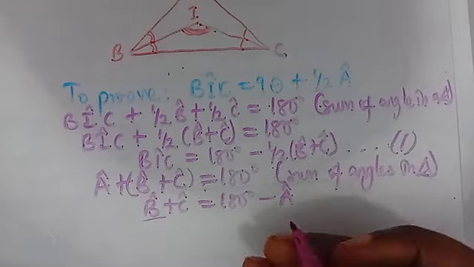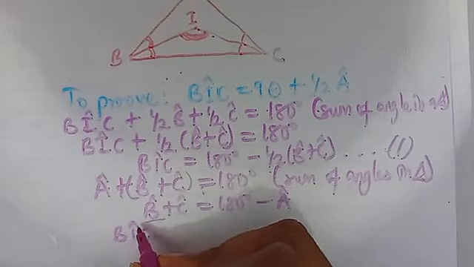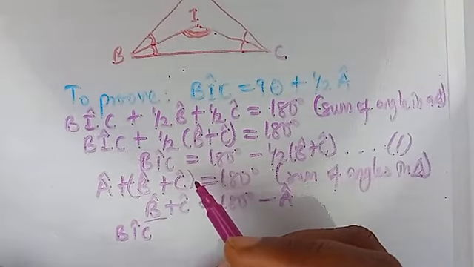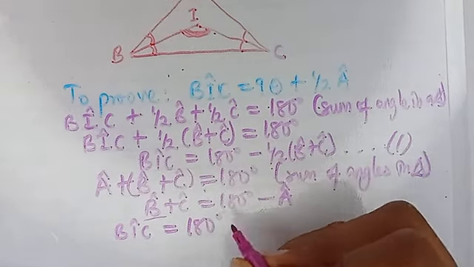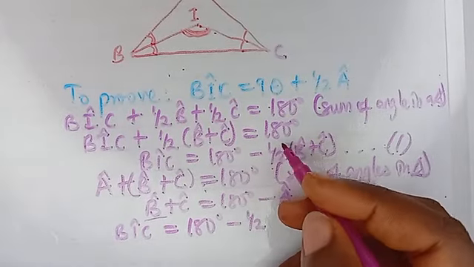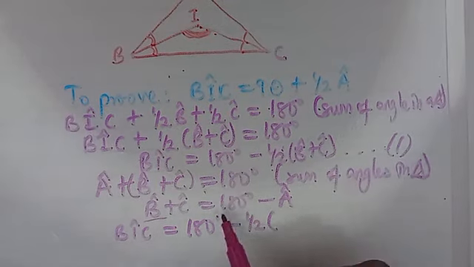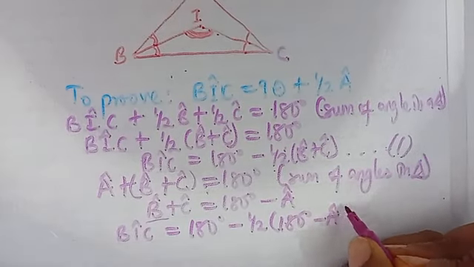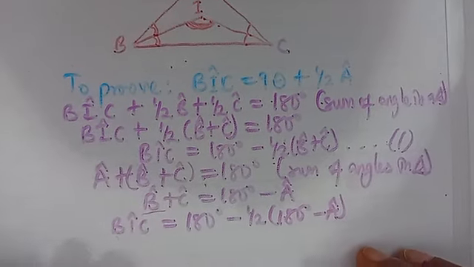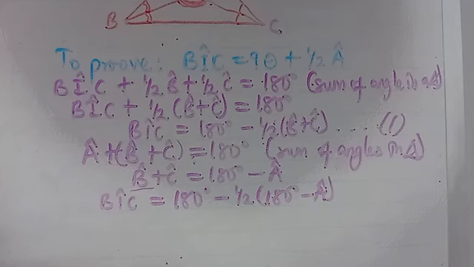So when we substitute into equation 1, we are going to have that BIC is equal to 180 minus half, but instead of having B plus C, we are going to have this as their replacement: 180 degrees minus angle A. So our job is to relate the things we have in our proof together.